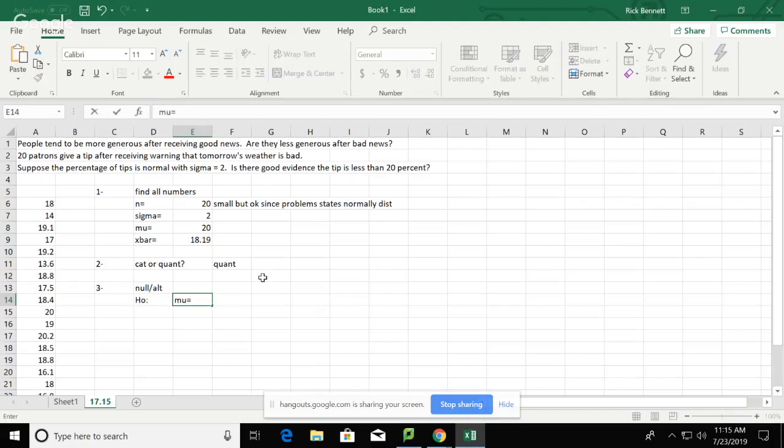Mu equals 20. Now, fair warning, this is being recorded, and it's on tomorrow's quiz. If you only put 20, you're only going to get half credit. It's got to be mu equals 20. If you put x bar equals 20, that is wrong. Okay? It's got to be mu. Okay? Alternative hypothesis is what, Christian?